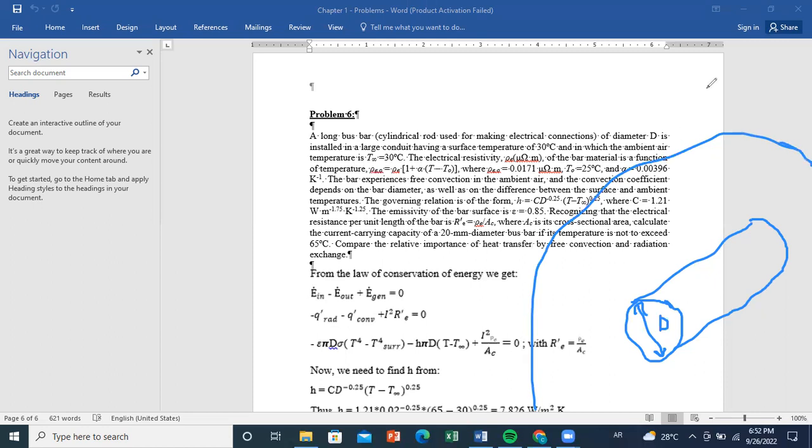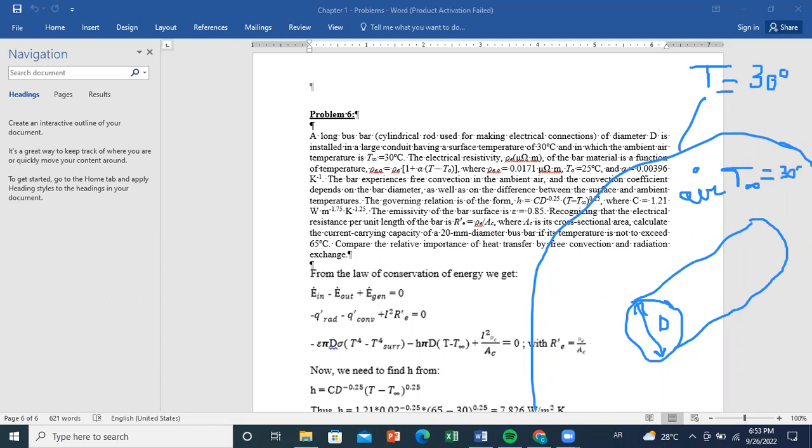You can consider that the surfaces of the conduit are characterized by a temperature of 30 degrees, and this will be for the radiative flux. And the air that is between the conduit and the bus is also characterized by T infinity of 30 degrees.